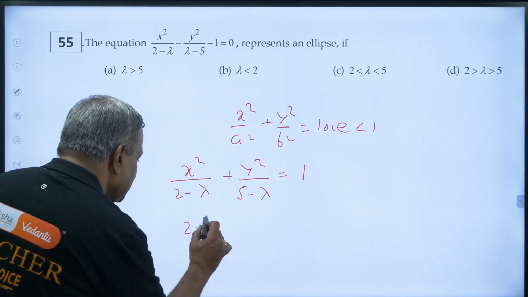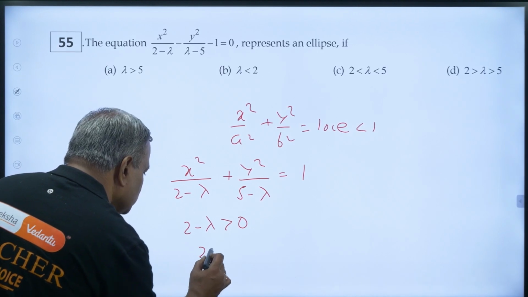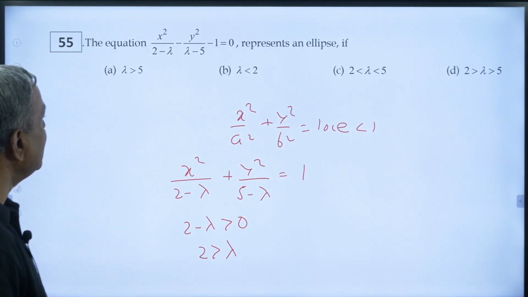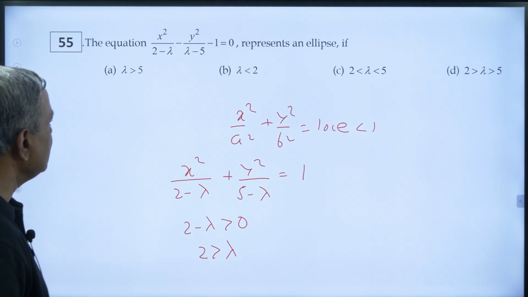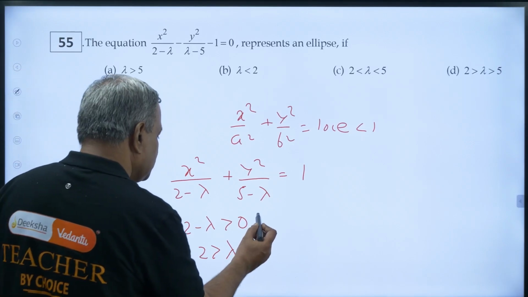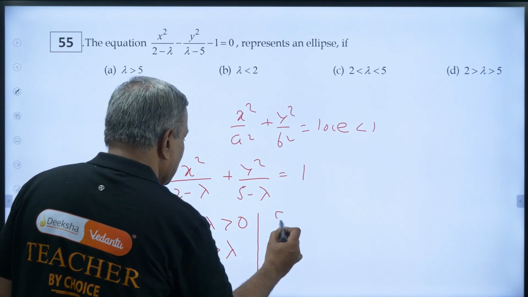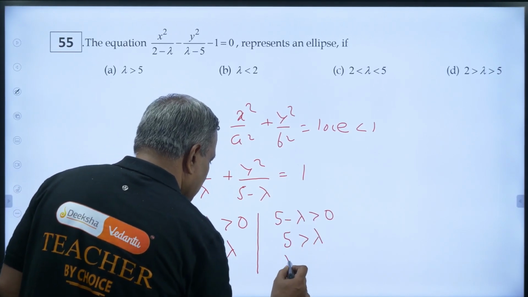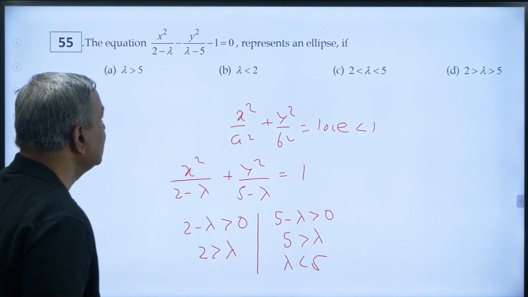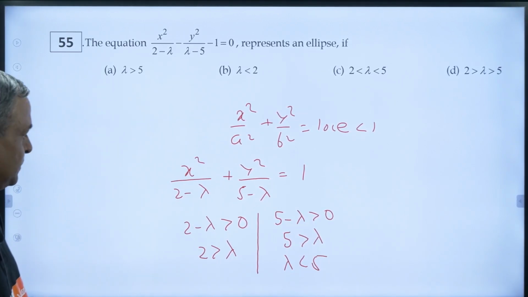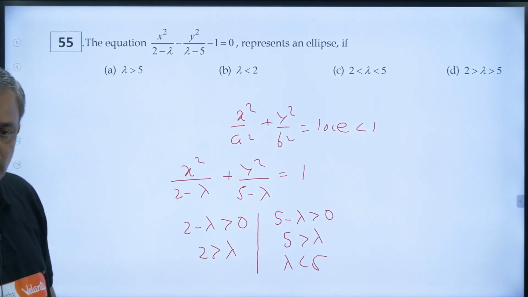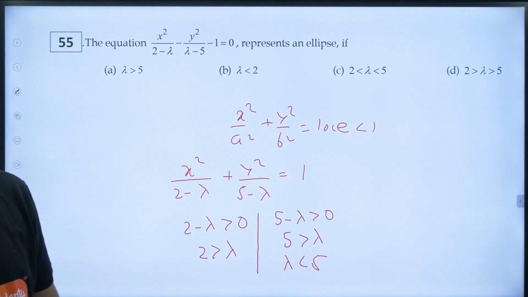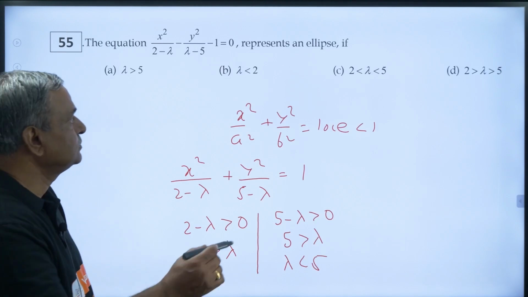So 2 minus lambda is greater than 0, so 2 is greater than lambda. Then 5 minus lambda is greater than 0, so 5 is greater than lambda, or lambda is less than 5. So lambda is less than 2 is the correct answer, and option B will come. Option B.